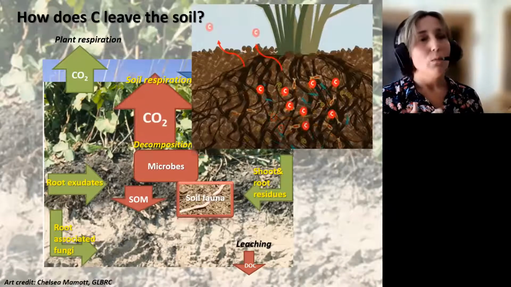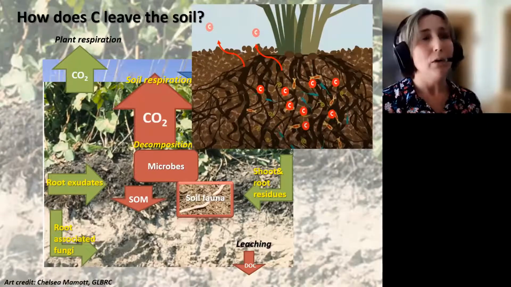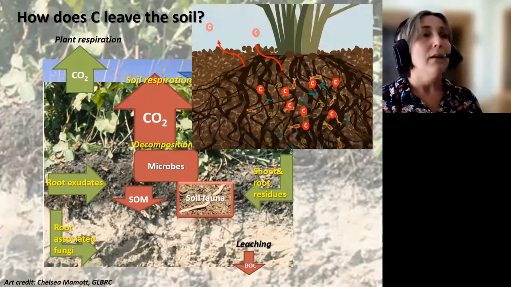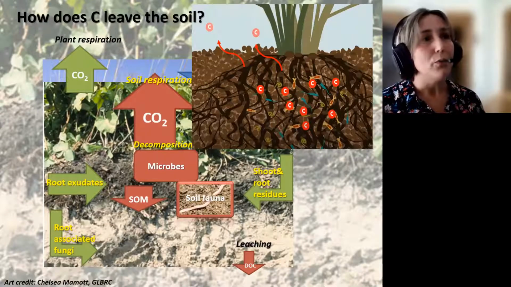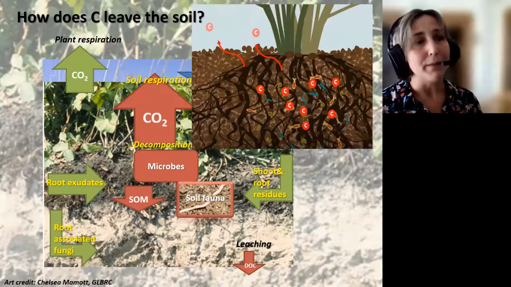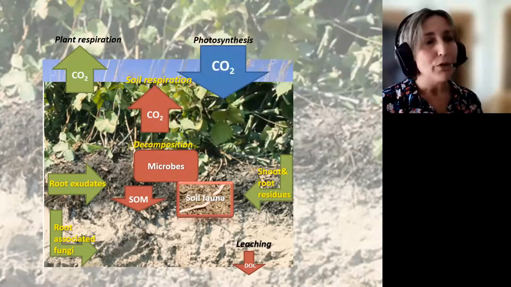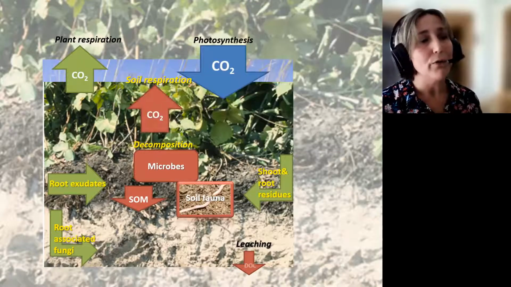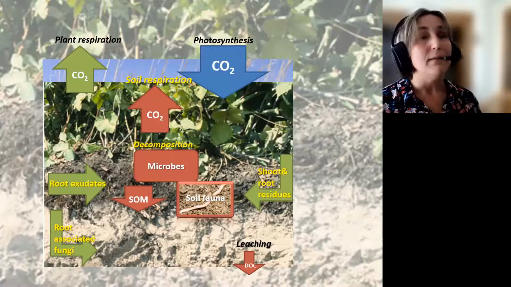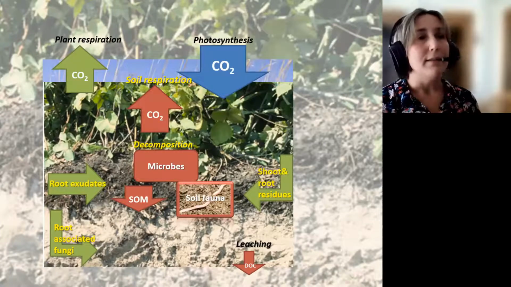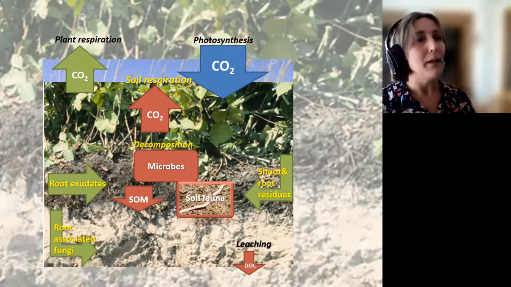So when it's in, then how does it leave the soil? Most of it will leave the soil respired as CO2 through activities of soil fauna and soil microbes. A very small portion will also be leached as soluble organic carbon compounds.